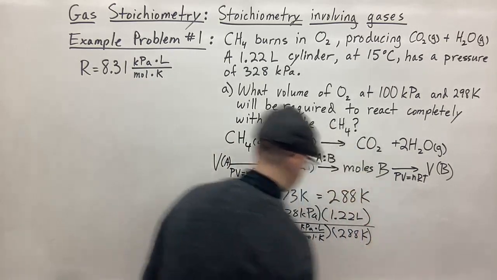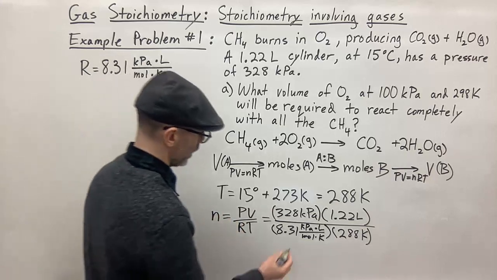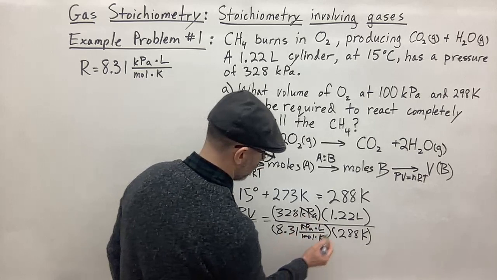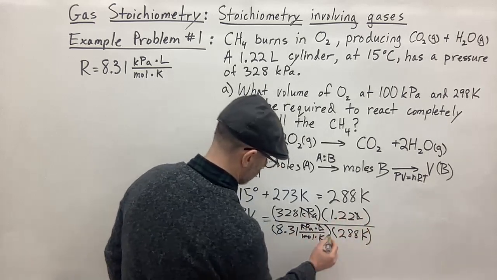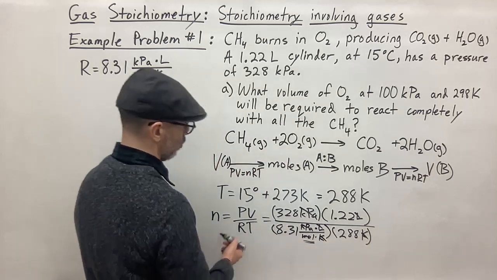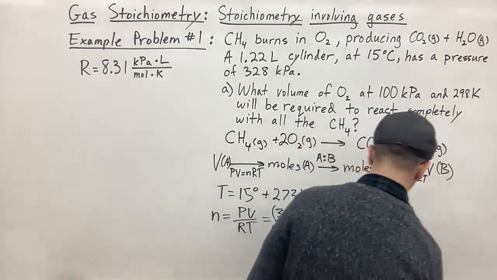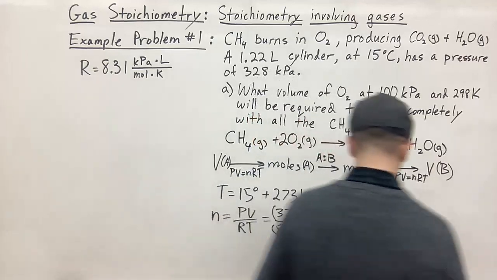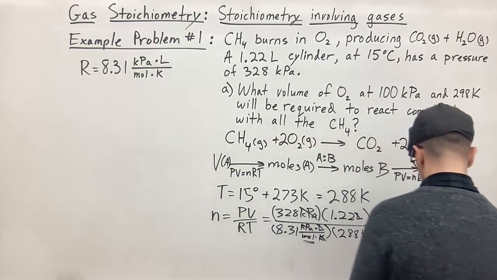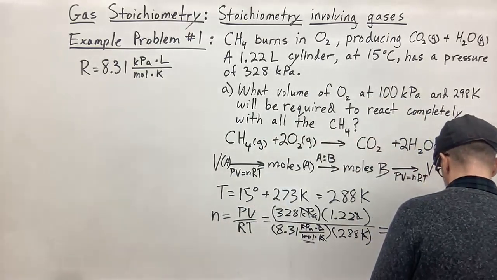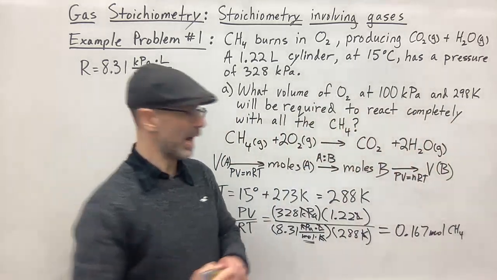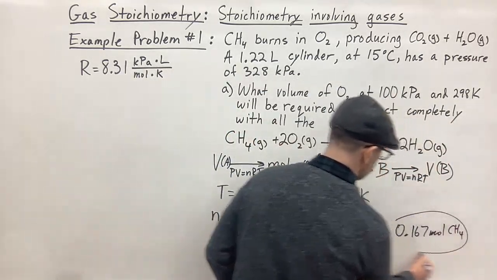Then make sure everything cancels out. Kilopascals cancels out, liters cancels out, and Kelvin cancels out, leaving moles, which is what we want. When we calculate that out, we get 0.167 moles of CH4.